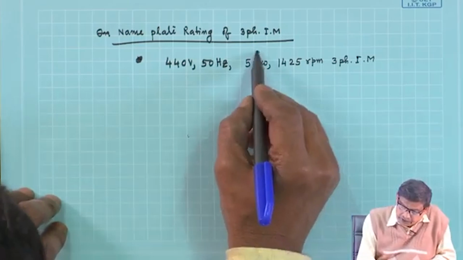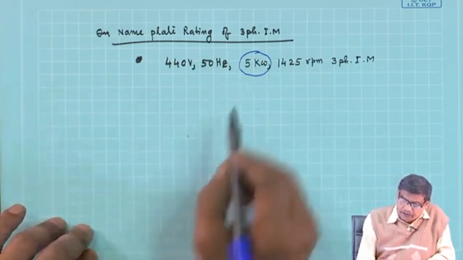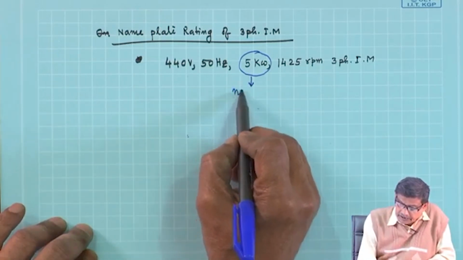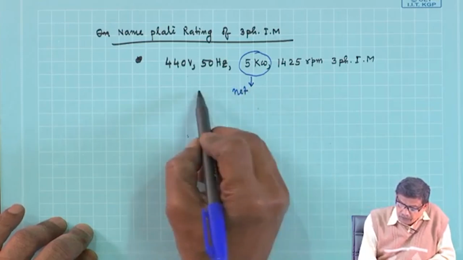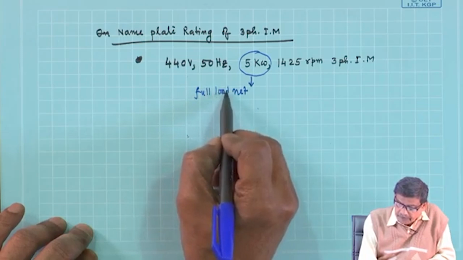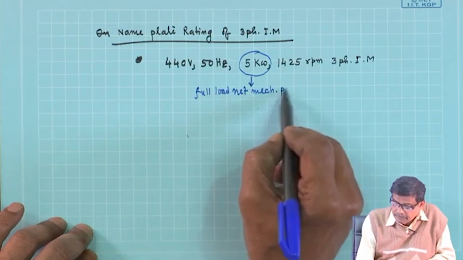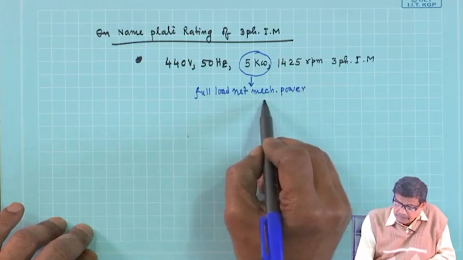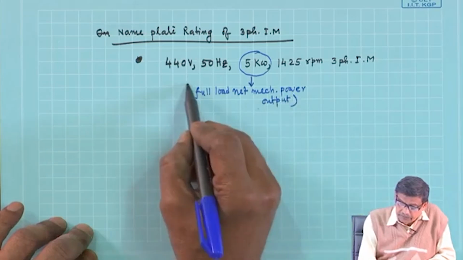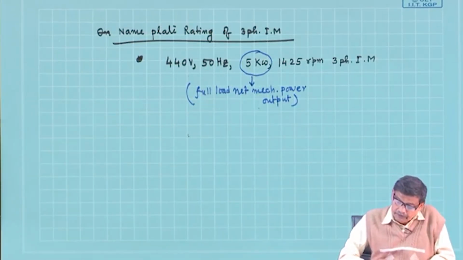This 5 kilowatt corresponds to the net mechanical power output at full load. That is what will be mentioned; it should not be taken as input.